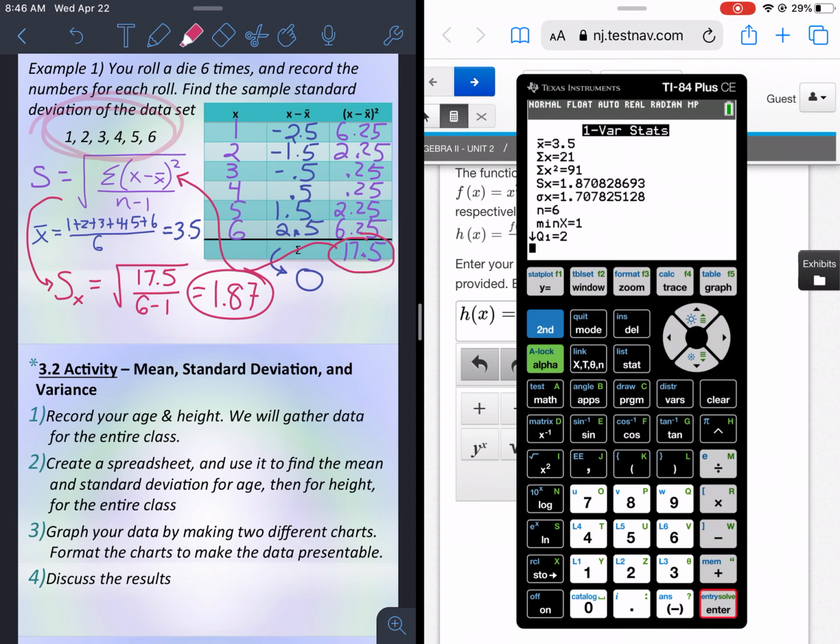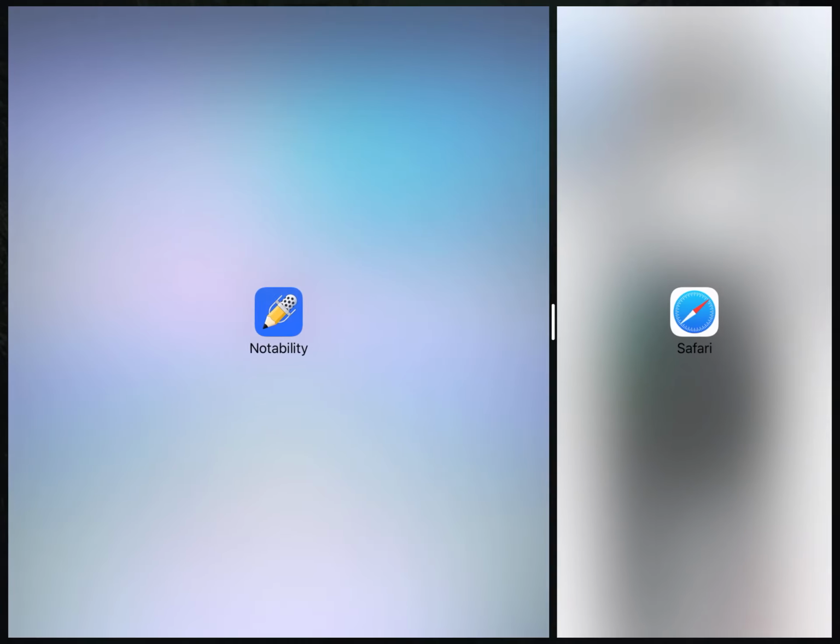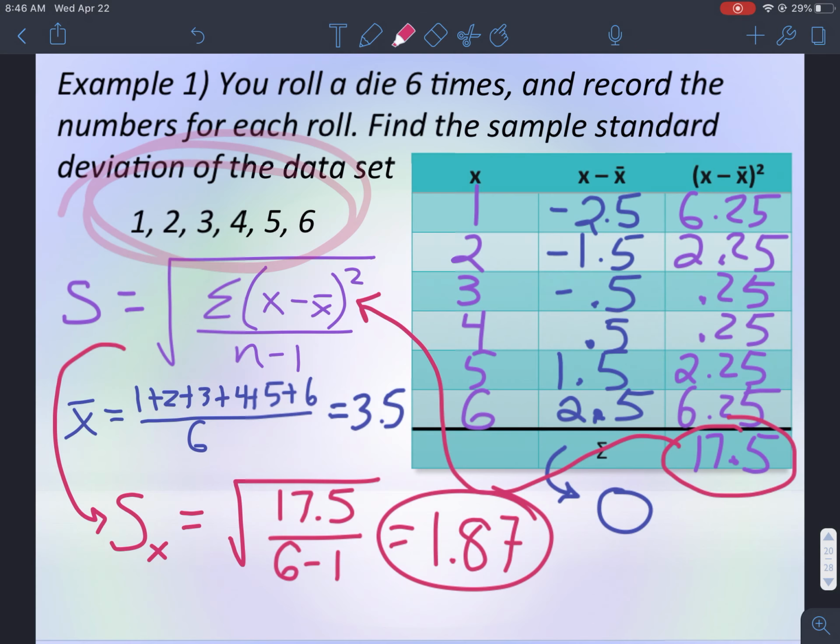That's the population standard deviation. I could obtain that number if I took the same thing and divided by 6 instead of 6 minus 1. So 2 ways to calculate it. Do it by hand, check your work with the graphing calculator.